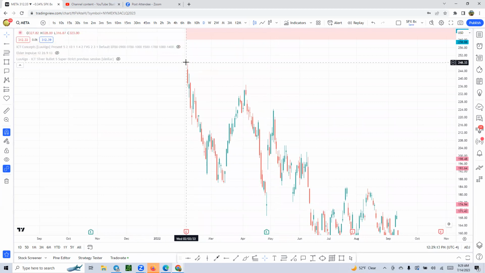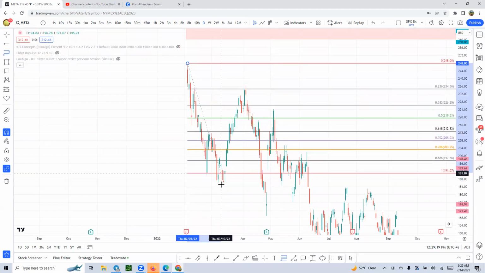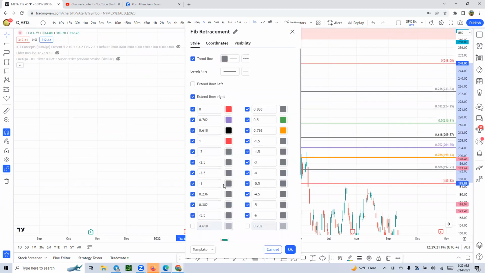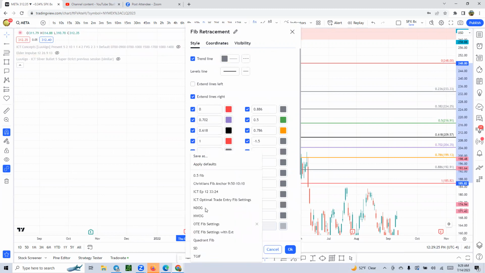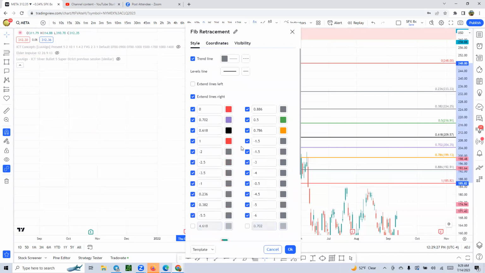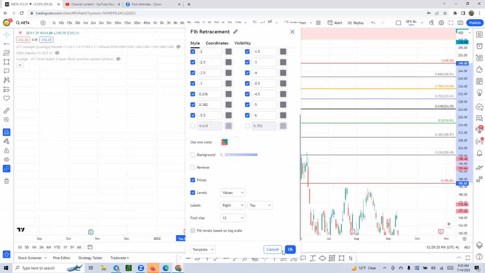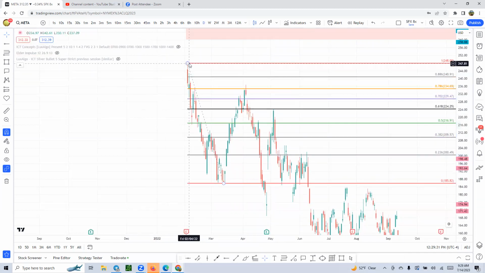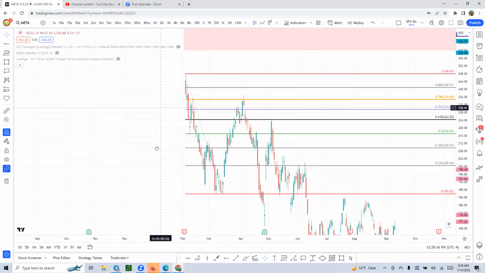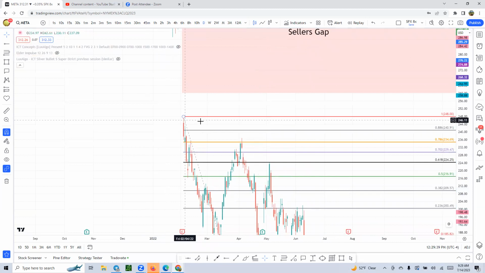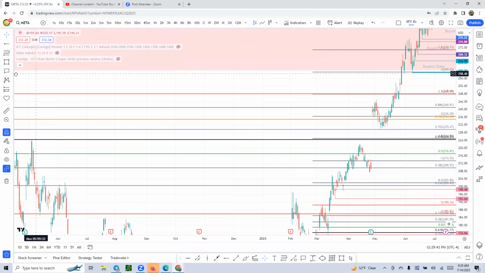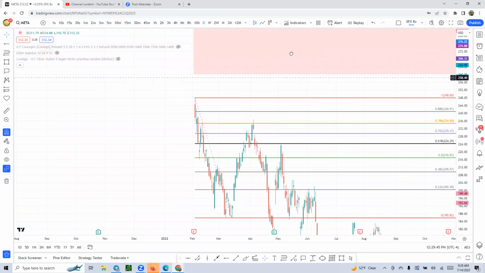And so what you could do is put the fib on from here to here, reverse it, and then say, we already know that gaps don't fill right away. So it'll come up there to get kicked down. It'll try it again. It'll get kicked down. And at some point it'll start to close it.